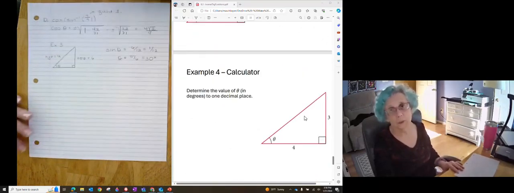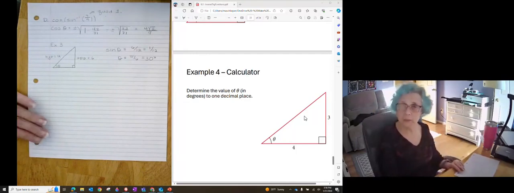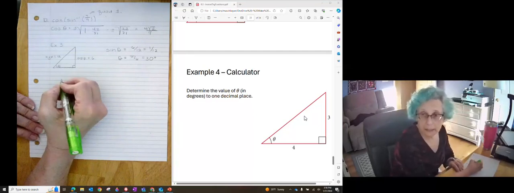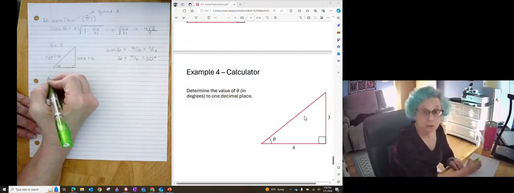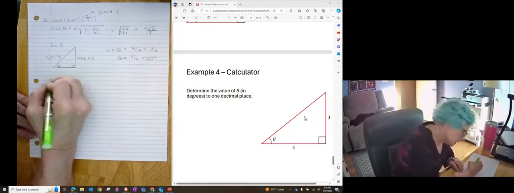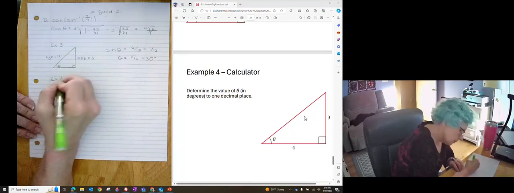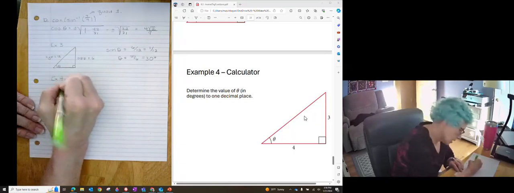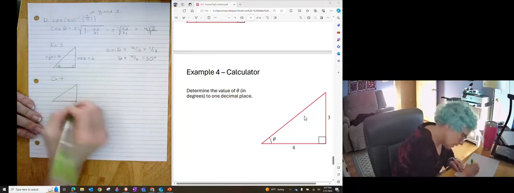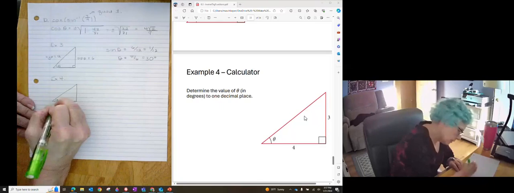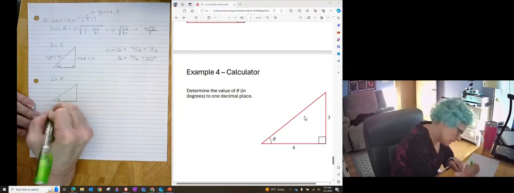Now, in the real world, not all angles are special. You might need a calculator. So determine theta in degrees to 1 decimal place. So example 4. Again, I have my right triangle. I'll put theta right here.